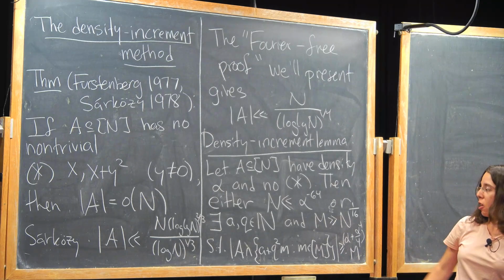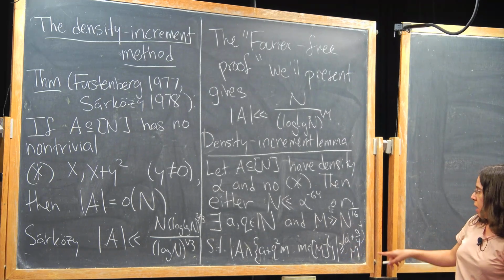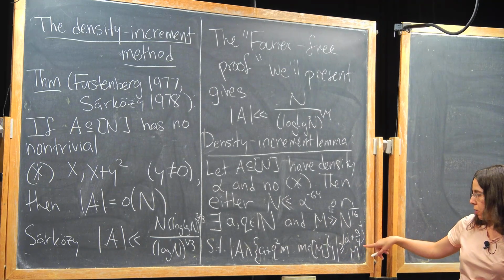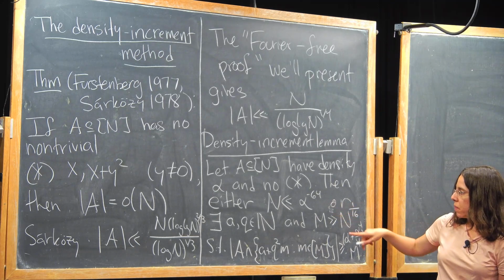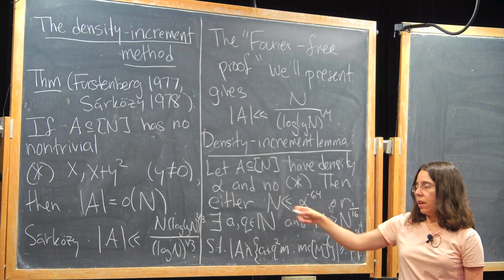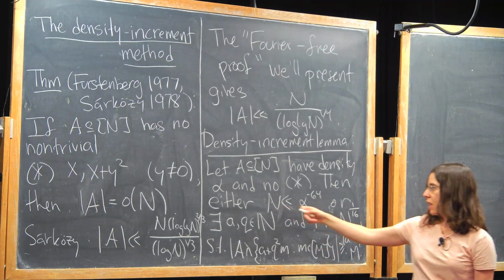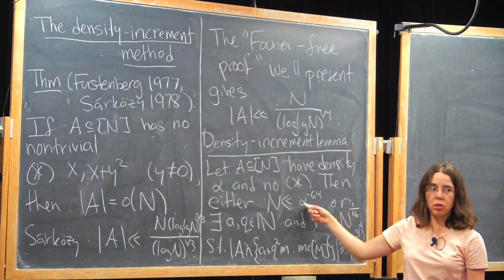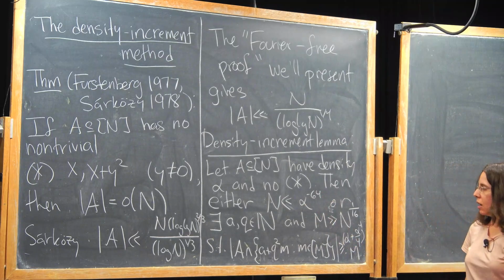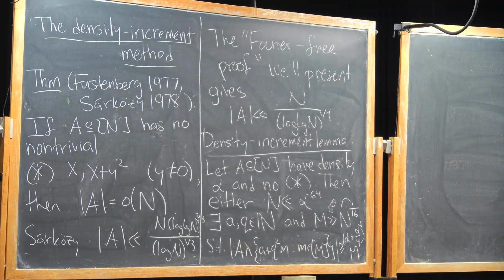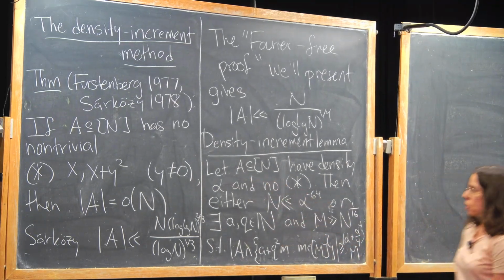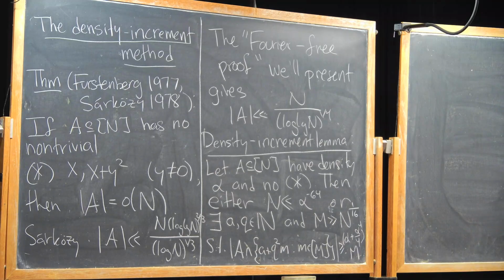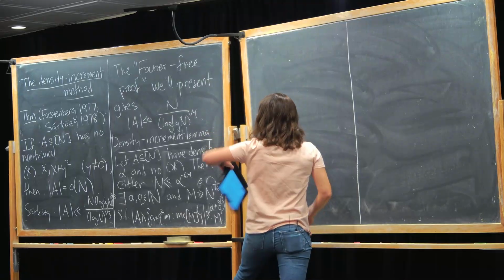And then you can iterate the argument, and you can't iterate it forever because you increase the density by at least alpha to the 4th over 4 at every step. So at some point the largeness assumption on n must fail. So n must be small compared to your alpha. And then you can rewind that, like I said, to get a bound on the density of your original set A. Okay, so we'll see that after we prove this.